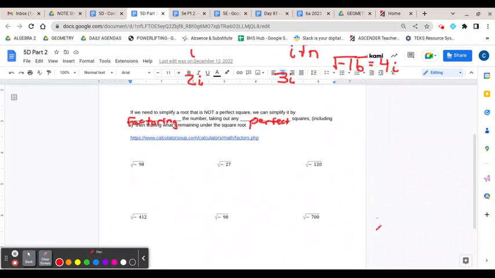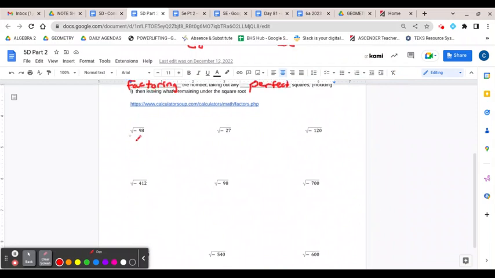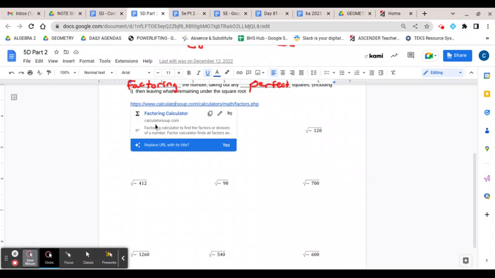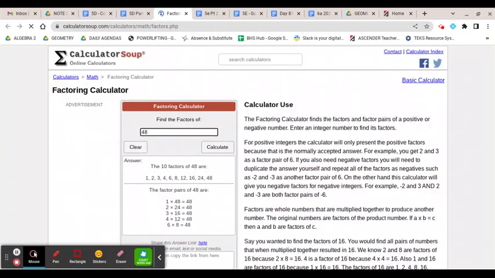So for instance, I'm going to do these first two here together. I know we did them before break, but let me just recap with you guys here. So we have -98. Obviously, -98 is not a perfect square. So if we click on this factoring calculator here, we're going to find the factors of -98, and we're going to calculate it.